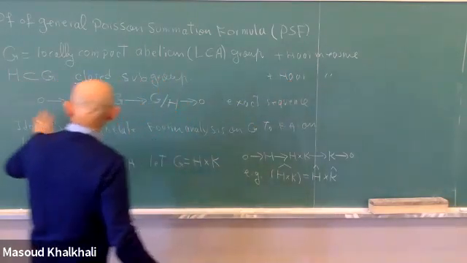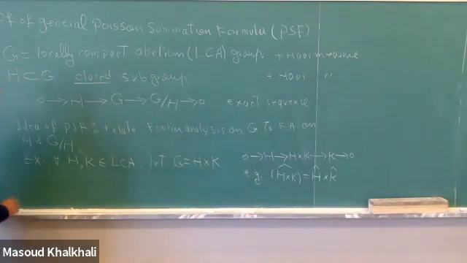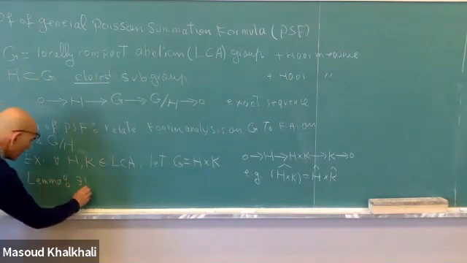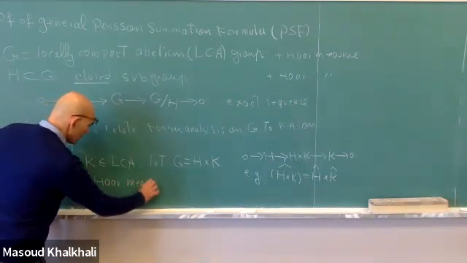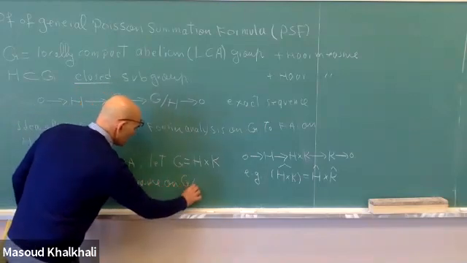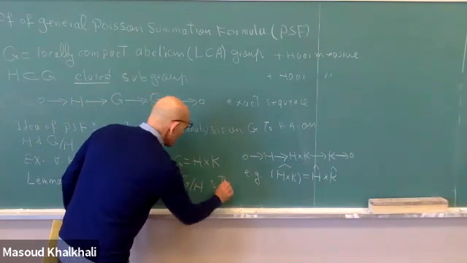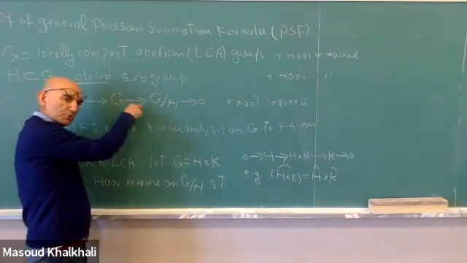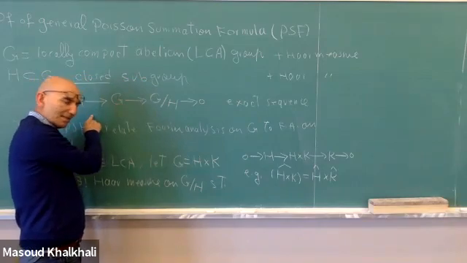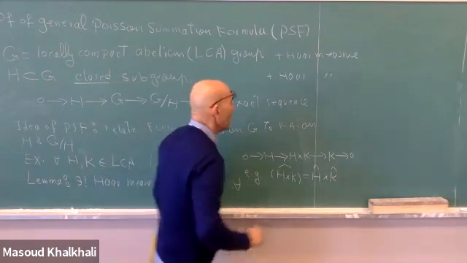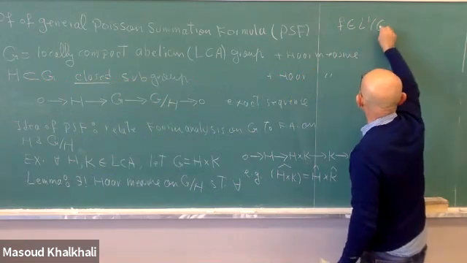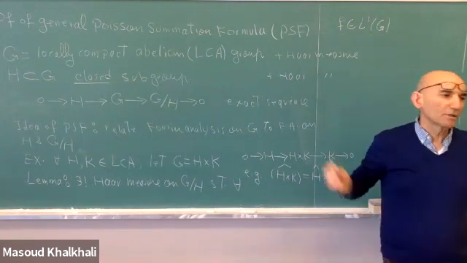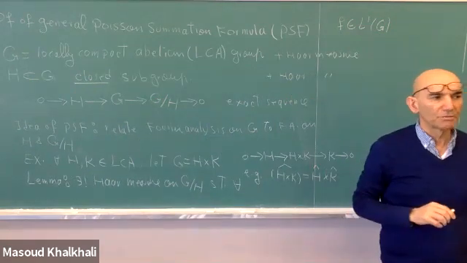Now there's this lemma. There exists a unique Haar measure on G mod H such that integration on G can be reduced to integration on these two copies, such that for any f belonging to L1 of G. I believe L1 is enough, but if you're not happy with L1, you can take continuous functions with compact support.